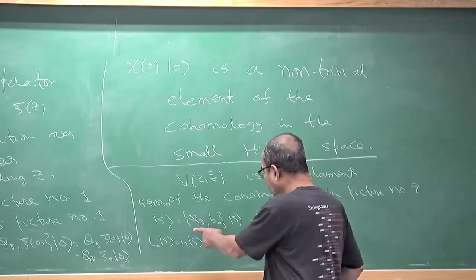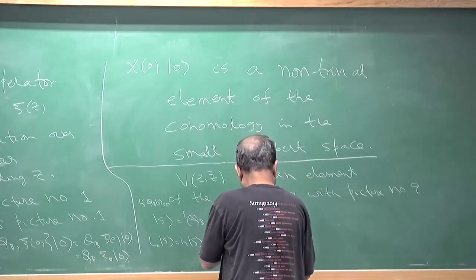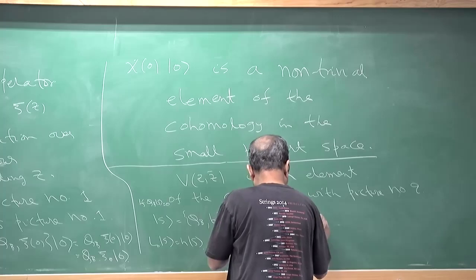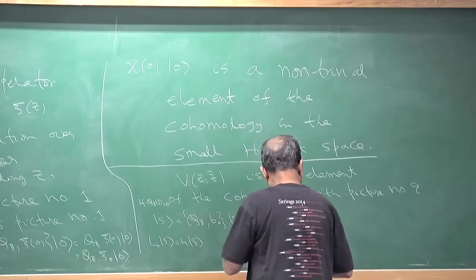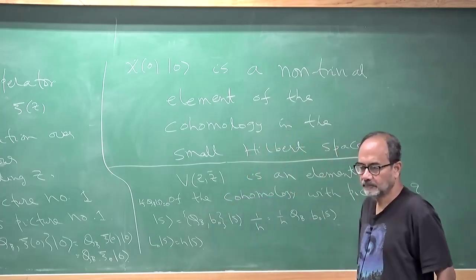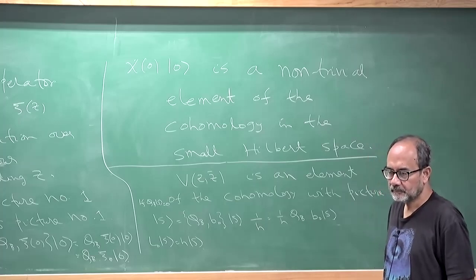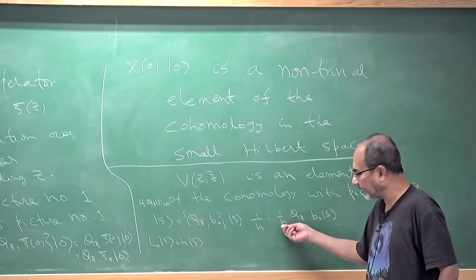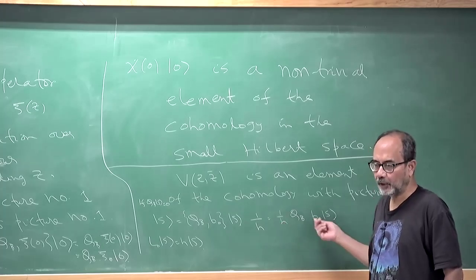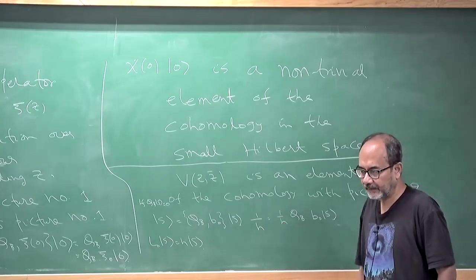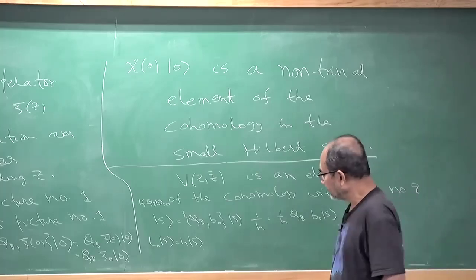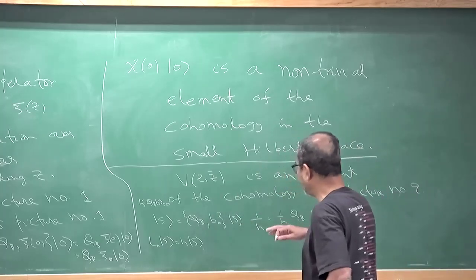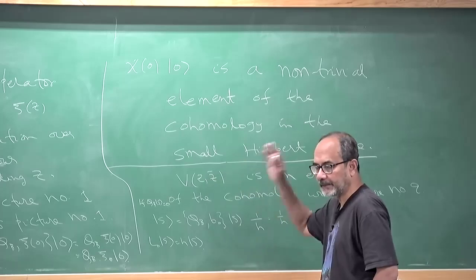And QB on S is 0, so this is 1 over H, QB on B0 S. And this will basically tell us that as long as H is non-zero, it's QB on something. So S is BRST trivial. So if V is an element of the cohomology, we can take this to be dimension 0, 0.